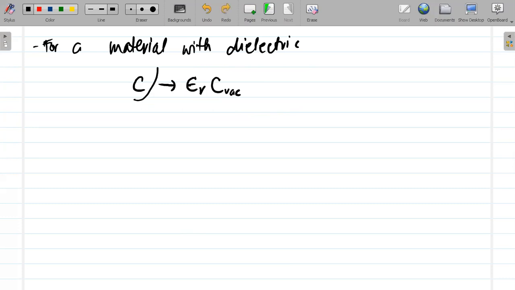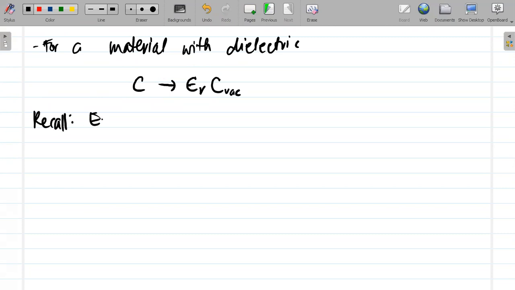So, ito na yung bagong capacitance mo. Now, class, take note. Di ba yung epsilon R greater than or equal to 1 yan? So, nag-i-increase yung capacitance mo as you put dielectric inside the capacitor.